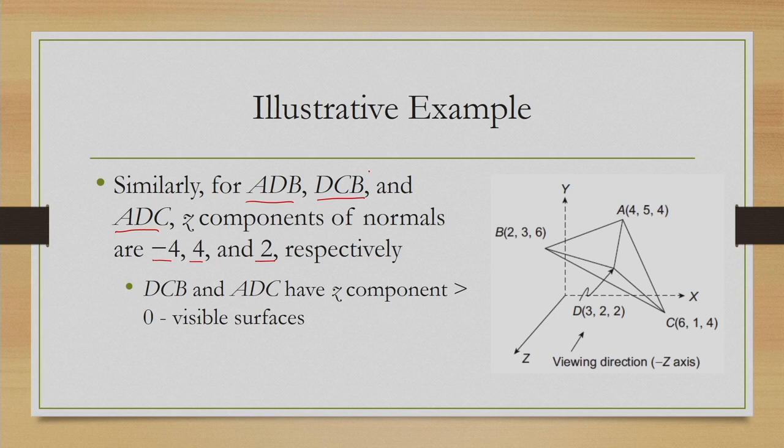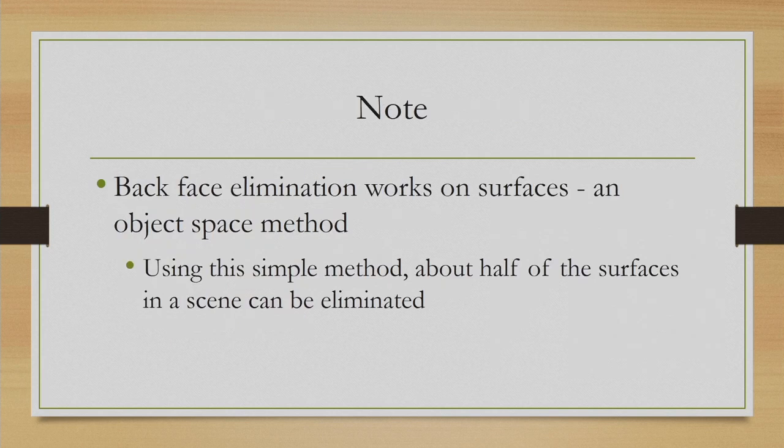So, we can see that for DCB and ADC, the z component is greater than 0. So, these are visible surfaces. But for ADB, it is less than 0 again. So, it is not a visible surface. So, that is the simple way of doing it.